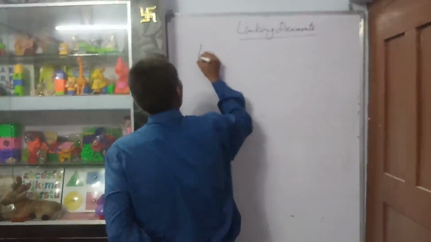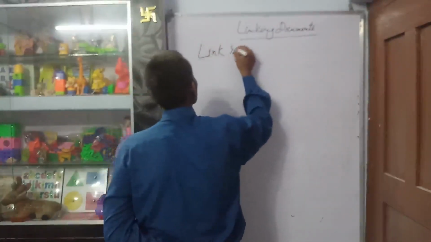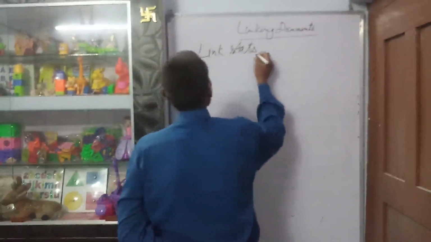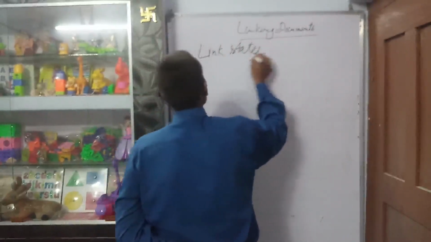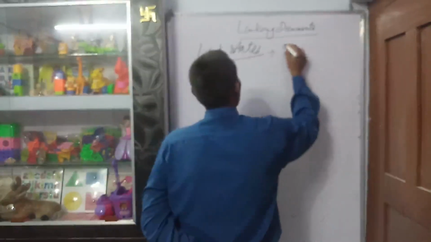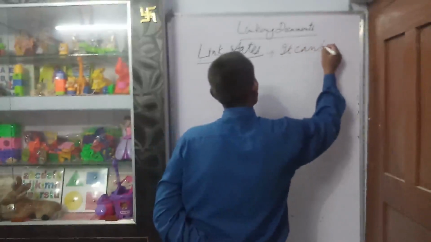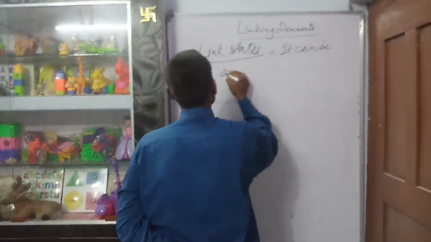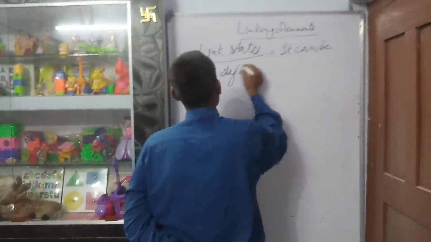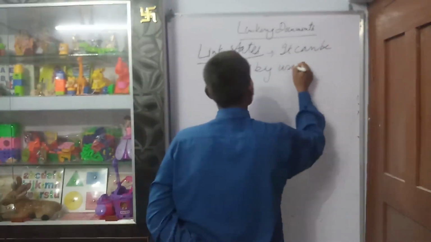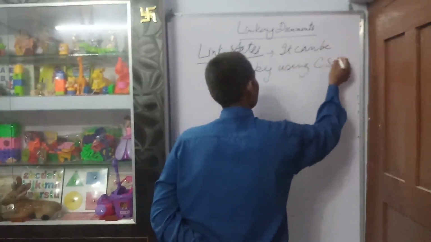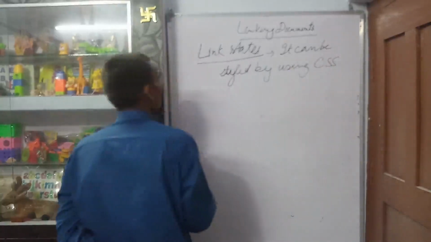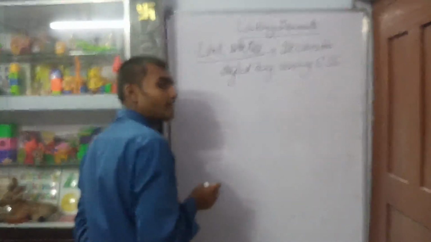There are 4 types of link states. Link states can be styled by using CSS.